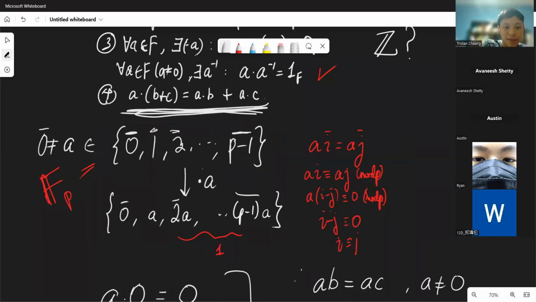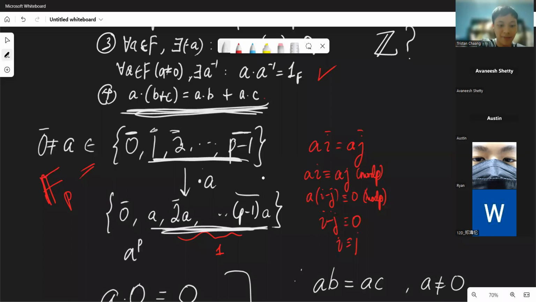But if I multiply every single element here and it is equal to every single element here, there's this extra factor of A to the P minus 1 at the bottom, and then 1 times 2 times 3 and so on.